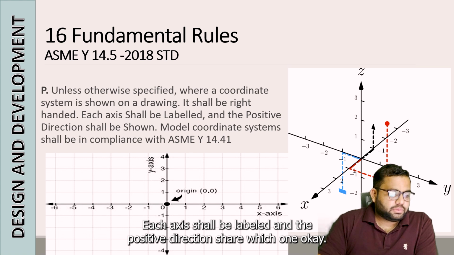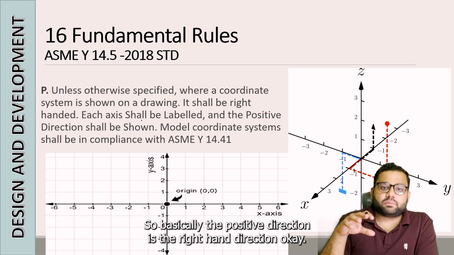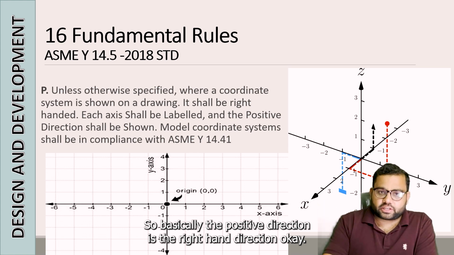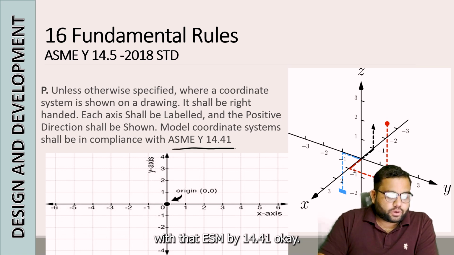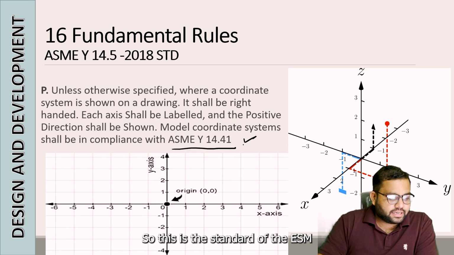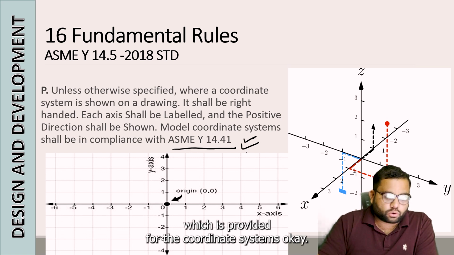Each axis shall be labeled and the positive direction shall be shown. Basically the positive direction is the right-hand direction. The model coordinate system shall comply with ASME Y14.5-2018, which is the ASME standard provided for coordinate systems.